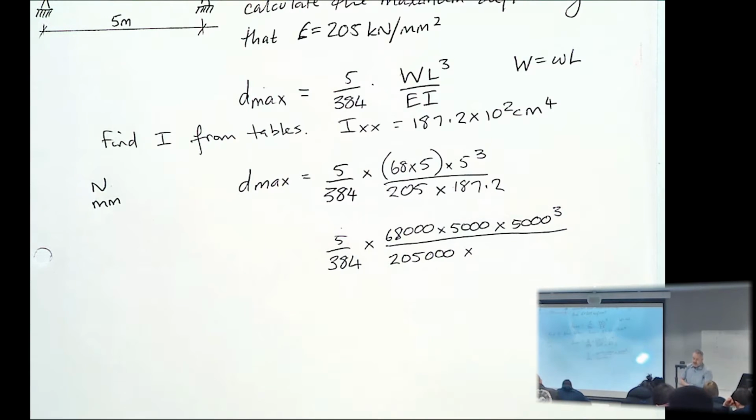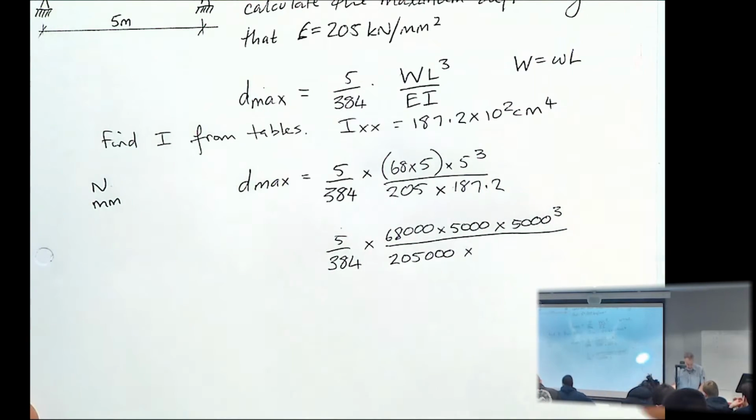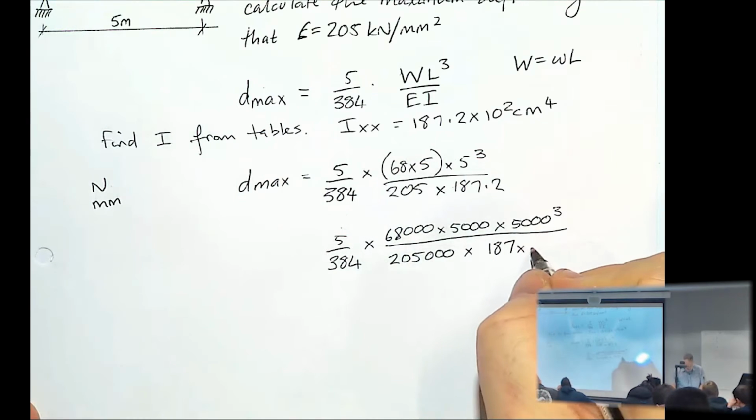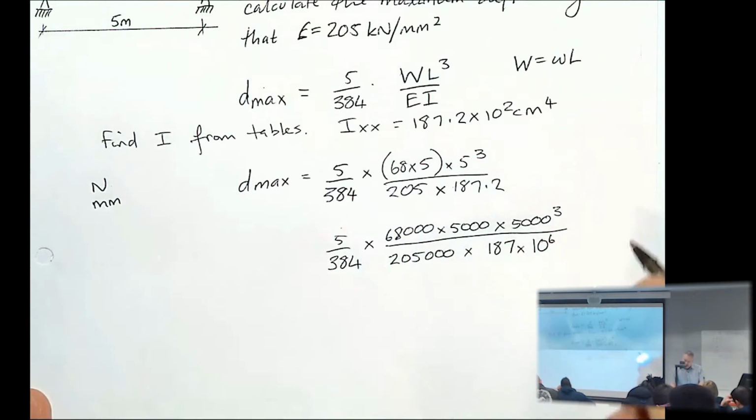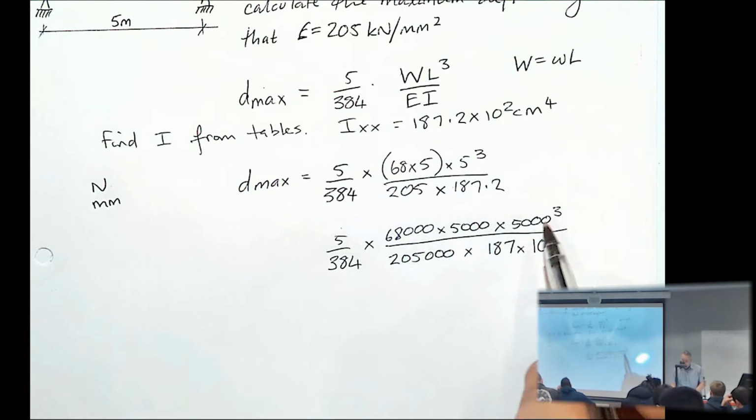You'll find that most tables have their I value in centimetres, but it's just to make the calcs fun for you. 187 times 10 to the 2 centimetres to the 4 is the same as 187 times 10 to the 6 millimetres to the 4.